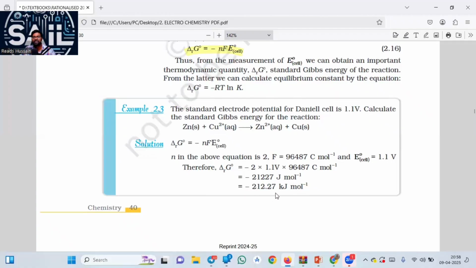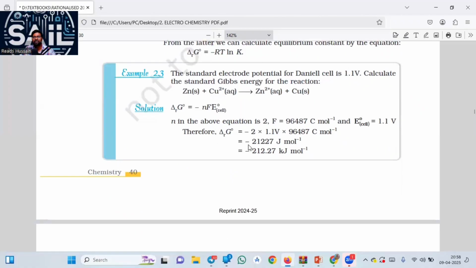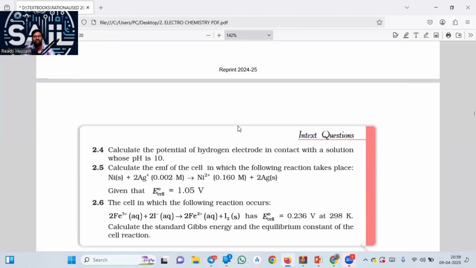Okay. So likewise you can easily calculate just by applying this formula. This is a very basic question, and first you practice if you have a textbook with you. Otherwise, after this class, I will share the PDF of this chapter in our WhatsApp group. Then you can go through that.